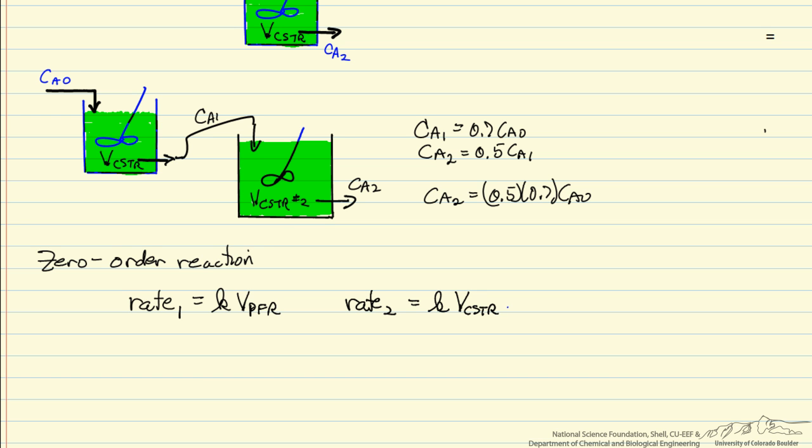So this rate is the total amount reacting in the reactor. So we can add rate 1 plus rate 2, and it's just the rate constant times the sum of the volumes. It does not matter the order of the reactors. For zero order reaction, the rate is just proportional to the total volume.